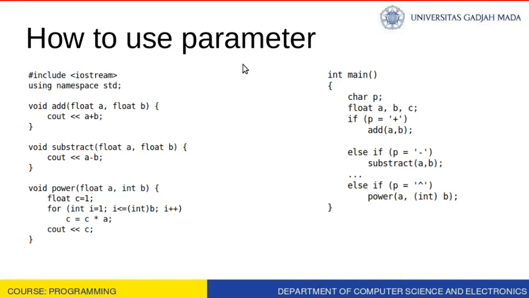How to use parameters? As in the previous example, when you want to use a parameter, you have to declare it in the function. When you define the function, you give the detail of the parameters: the number, and then the data type. About the name, the name is free, as long as it fulfills the rules of naming a variable in C++, then it is okay.